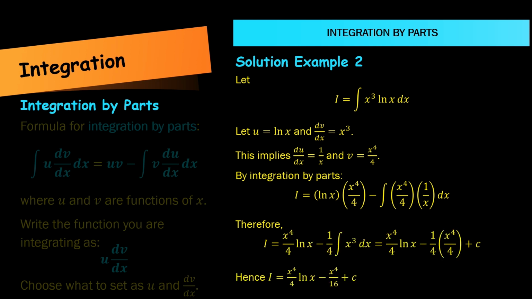And finally, tidying up some more gives us I equals x to the power 4 over 4 ln x minus x to the power 4 over 16, plus our constant of integration c.